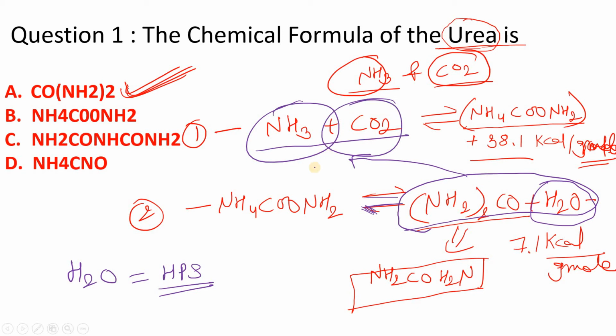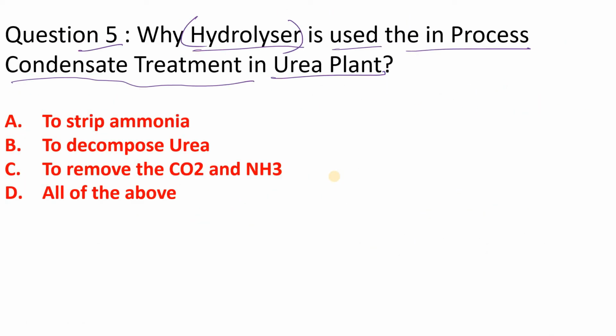So we can just use these reactants in the reactor to do the reaction again. Got my point? That's why we are using the hydrolyzer here. So what will be the right answer? The right answer will be to decompose the urea. It will not be the right answer to remove carbon dioxide or NH3, and not all of the above.